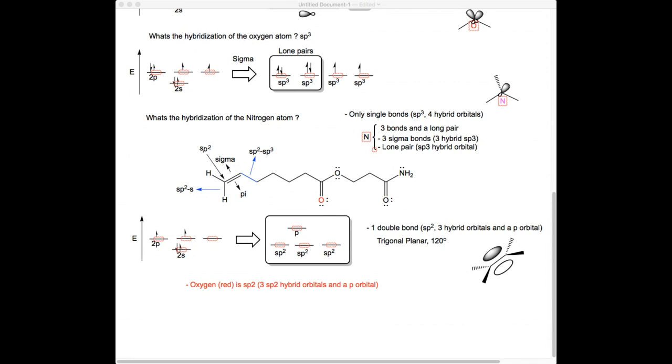In which orbitals of the red oxygen are the lone pairs located? Okay, so 26 people are still pending to answer. Please answer that question on the polling to make sure that you guys are following.